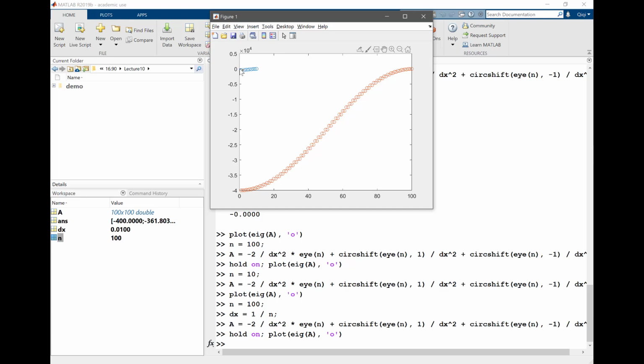Okay, so this is what I had before. This is my new eigenvalues. Looks interesting. What does it look like? Yes? It looks like a sinusoid. Yeah, it actually is going to be looking more and more like a sinusoid.